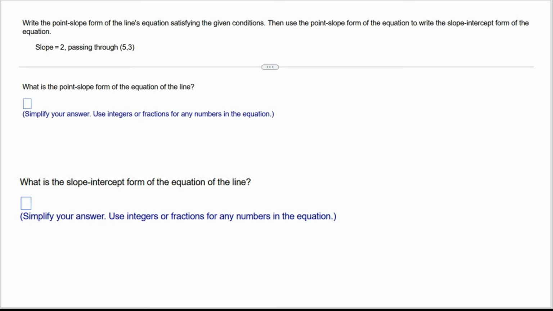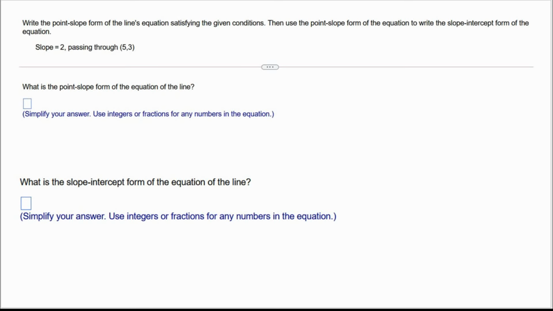It says write the point-slope form of the line's equation satisfying the given conditions. They give us a slope and a point, so obviously I'm going to use the point-slope form.